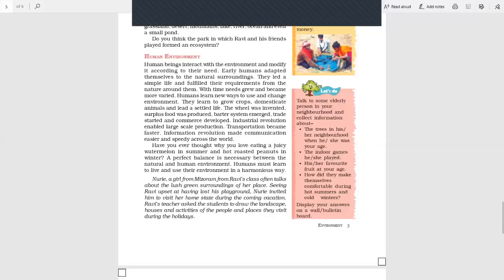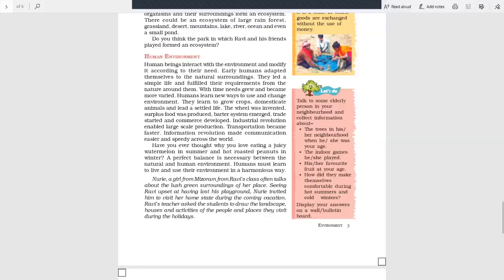The wheel was invented. Surplus food was produced. Barter system emerged. Trade started and commerce developed. The industrial revolution enabled large-scale production.